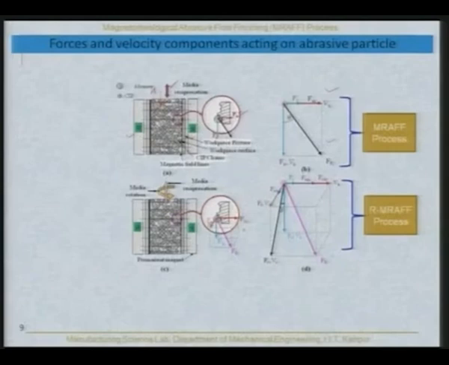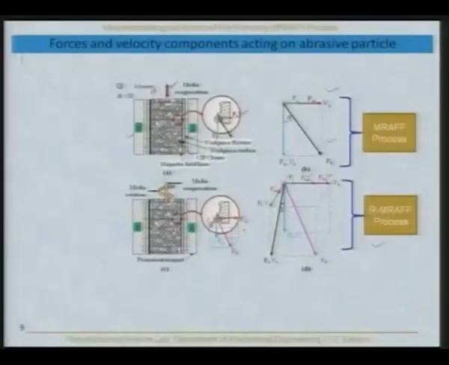But when you are providing rotation to the magnet, or in other words rotation to the MR polishing fluid, the force combination changes completely, and you can see here there is the radial force, there is the normal magnetic force, and there is the centrifugal force. All three are acting in one particular direction, and all of them are responsible for penetration of an abrasive particle inside the workpiece surface.